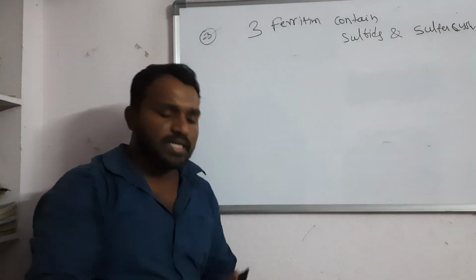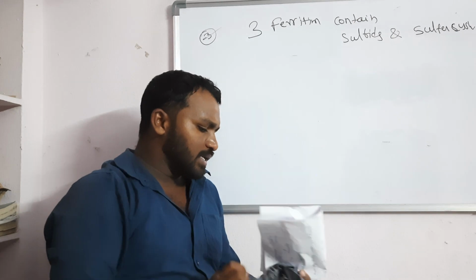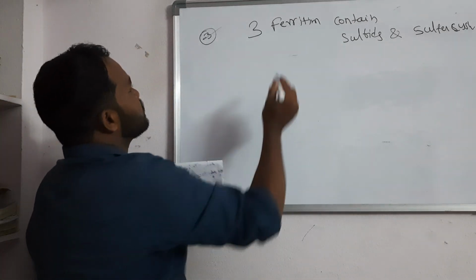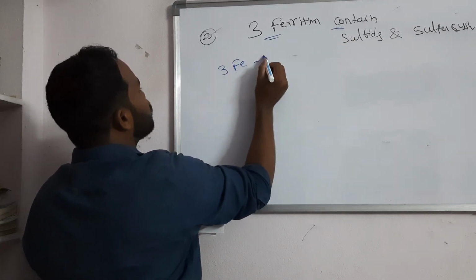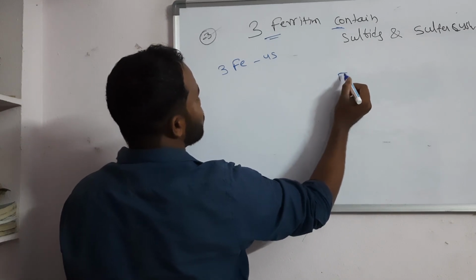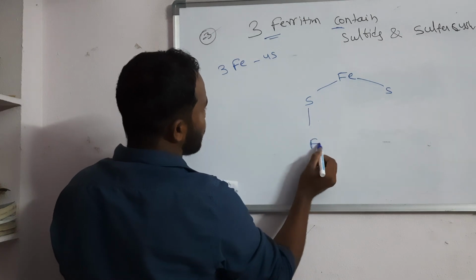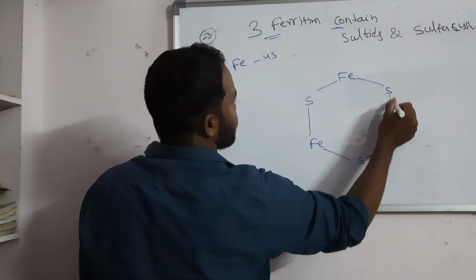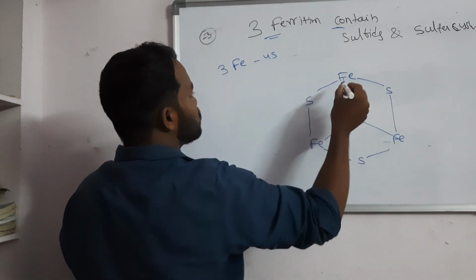This question was recently asked in the GATE examination, same pattern, regarding rubredoxin and ferredoxin. Here 3 iron means you can say simply 3 iron 4 sulfur protein. The structure is generally like this: iron, sulfur, iron, sulfur, iron, sulfur, and the fourth sulfur.